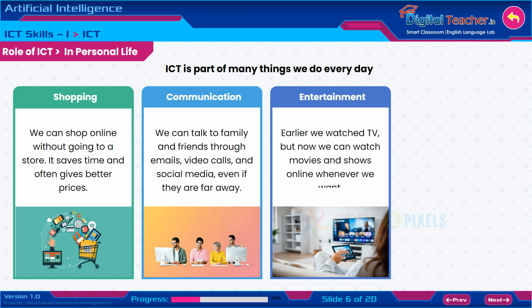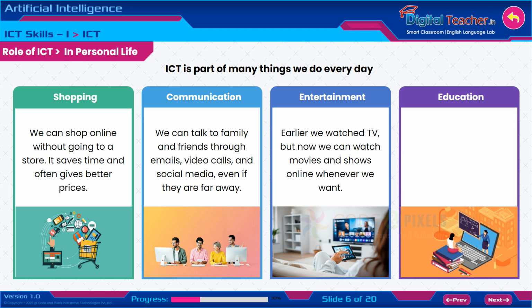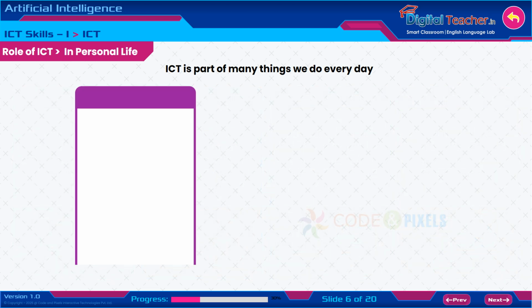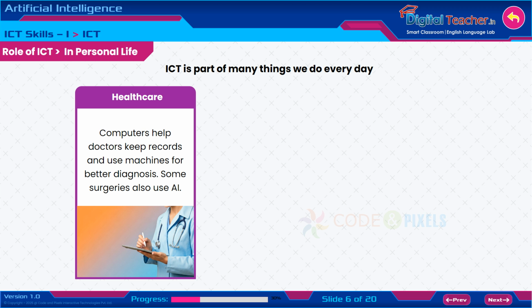Entertainment. Earlier we watched TV, but now we can watch movies and shows online whenever we want. Education. We can learn through online classes, even from schools and colleges in other countries. Healthcare. Computers help doctors keep records and use machines for better diagnosis.